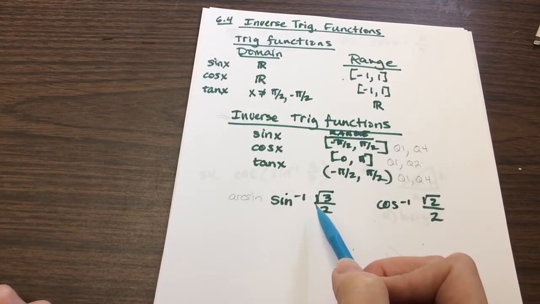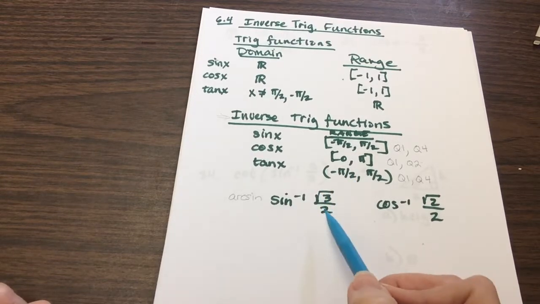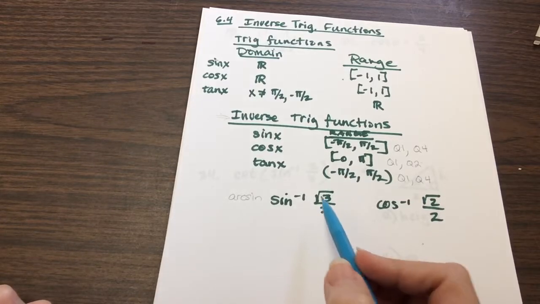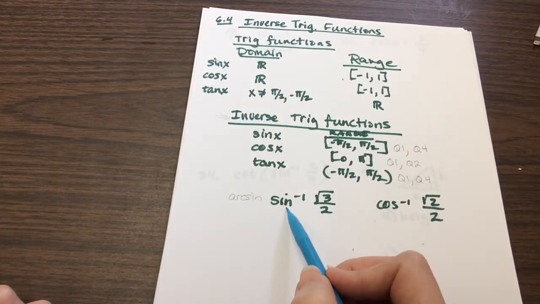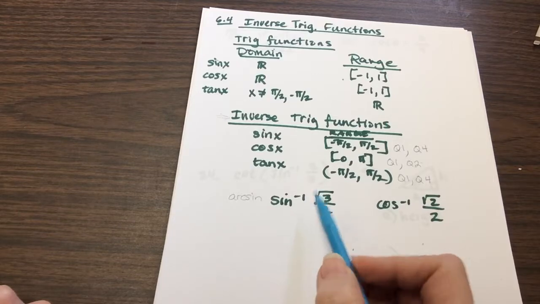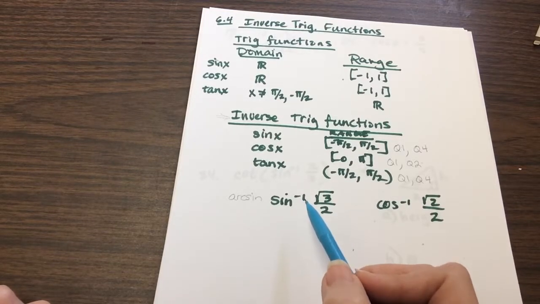All right, so that's the notation, but what you need to understand is what this is asking for. In regular trig functions, I would give you the sine of some angle and ask for the exact value. For the inverse, I'm going the other way with it. I'm looking for the sine of some value. I want to know what the angle is. So it is very important that you understand that if I'm looking for an inverse trig function, I am looking for an angle.